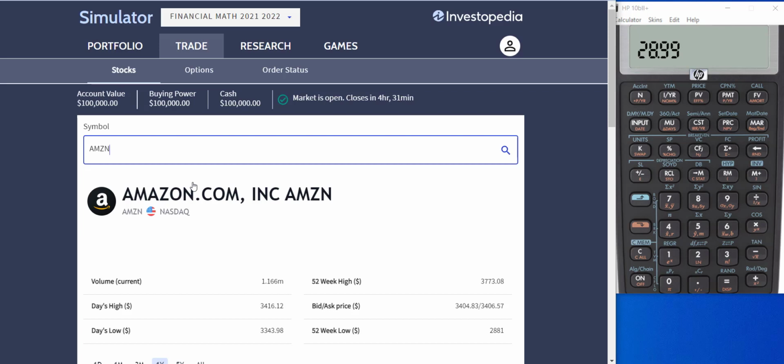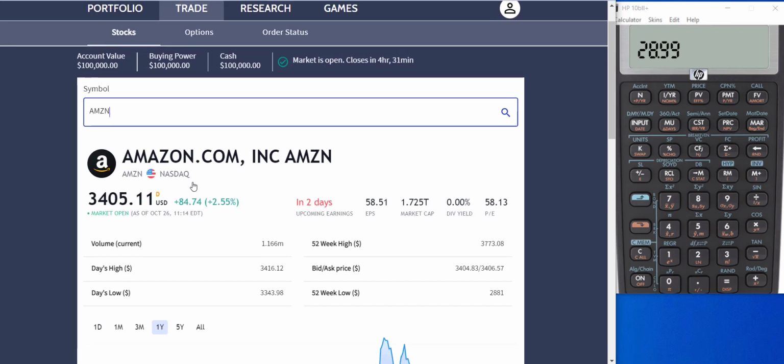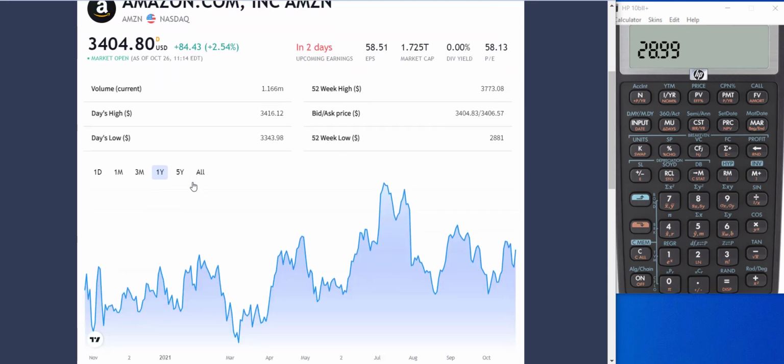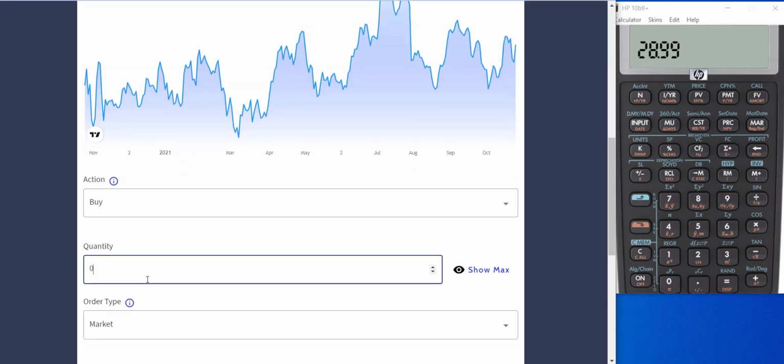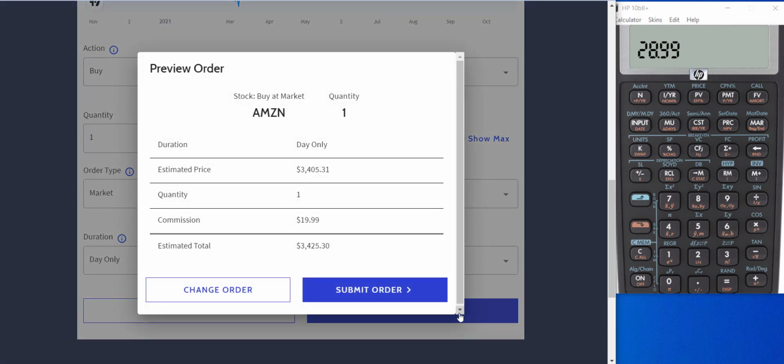It's come up almost $1,000 over this last year. We're currently at 34. I think I'm going to buy a share. So I'm just going to come in here and buy one share, just to see what it's going to do.